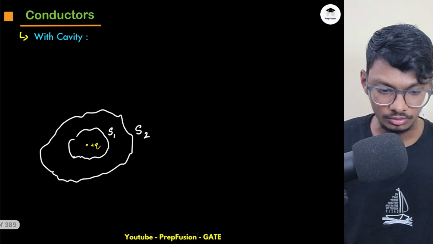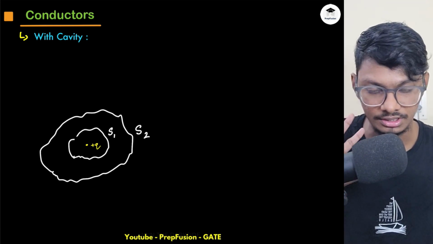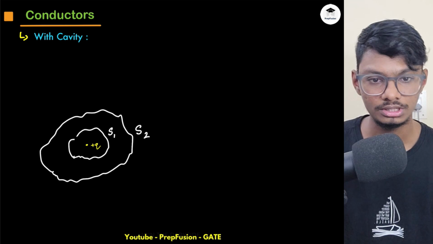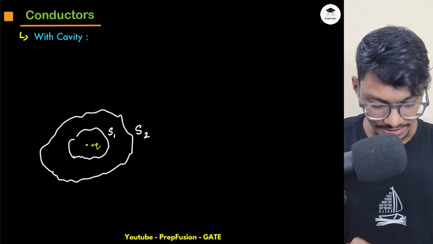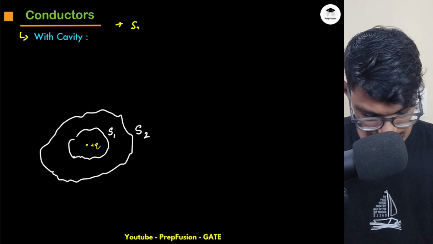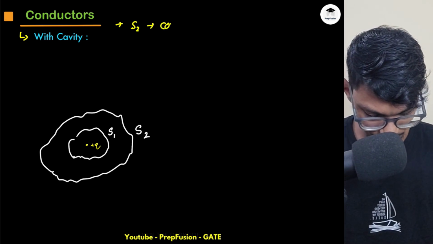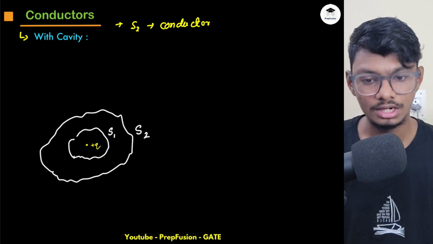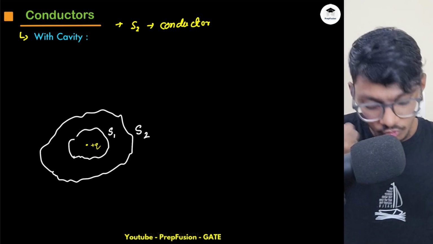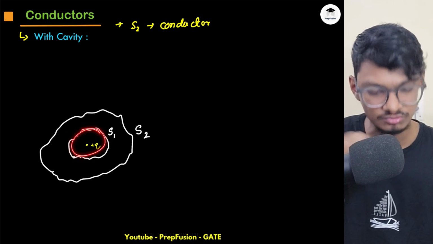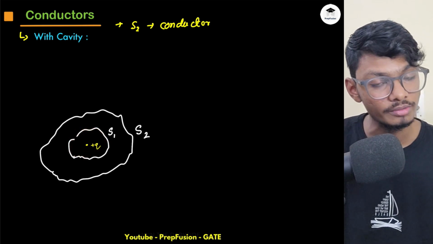Okay, so with a cavity I will explain the conductor once more, because I have explained this previously. I will just repeat it once more. Let's say I have a conductor. S2 is a perfect conductor. Now I remove some part, S1, from inside S2. You remember cavity, right?